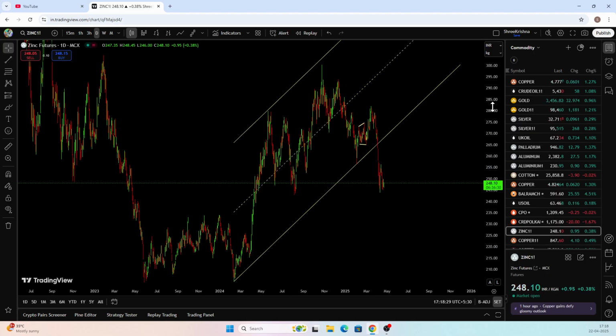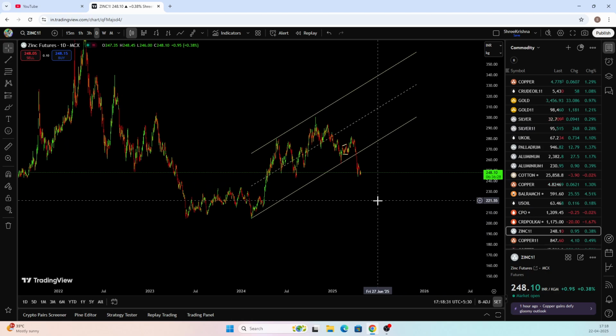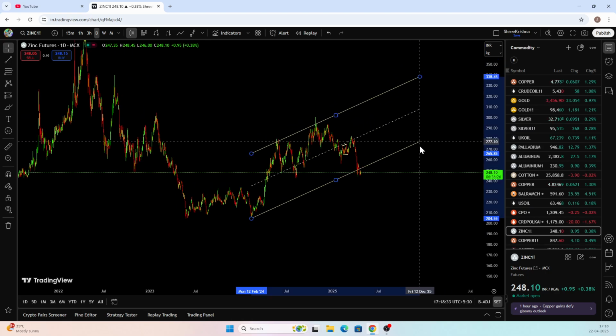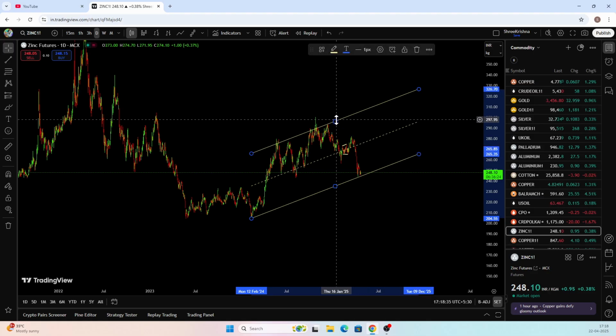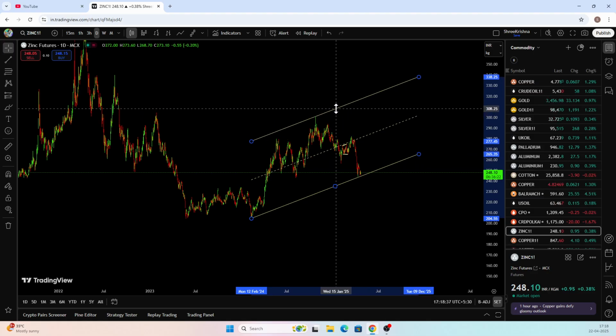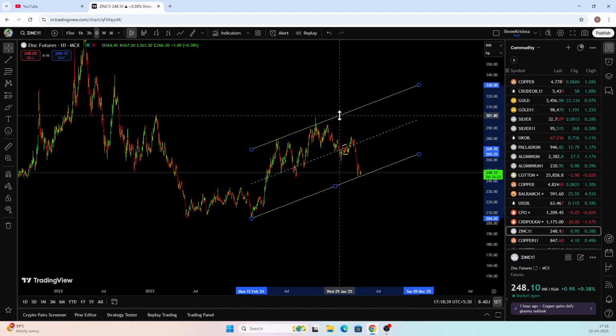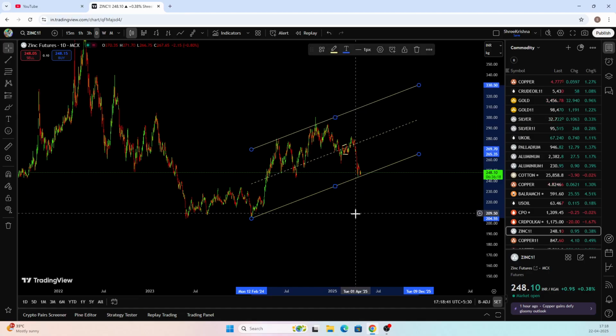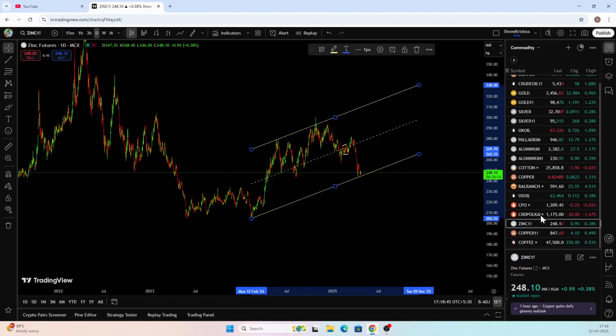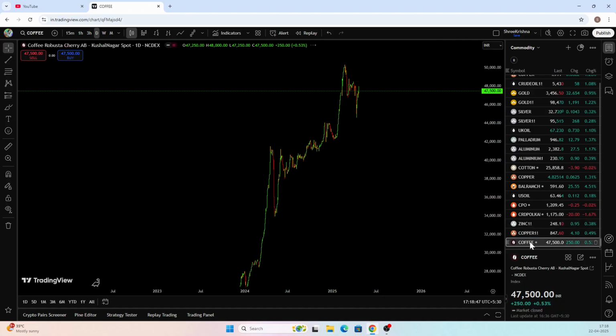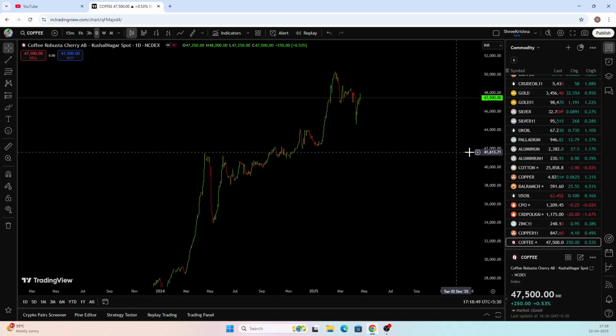Zinc, it has broken the upside channel. No, not exactly, but yeah, what I can see is that it might head up also. Okay, copper is done. Coffee, it's heading up.